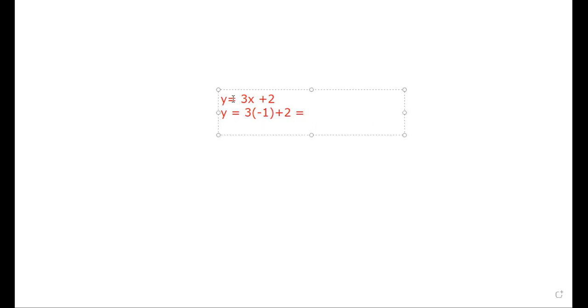Second, y equal 3 and then the value of x plus 2, equal. Then third, y equal 3, and then the value of x plus 2, equal, and so on. So all the values which he gave us in the table: -1, then 0, then 1, then 2, and then 3.